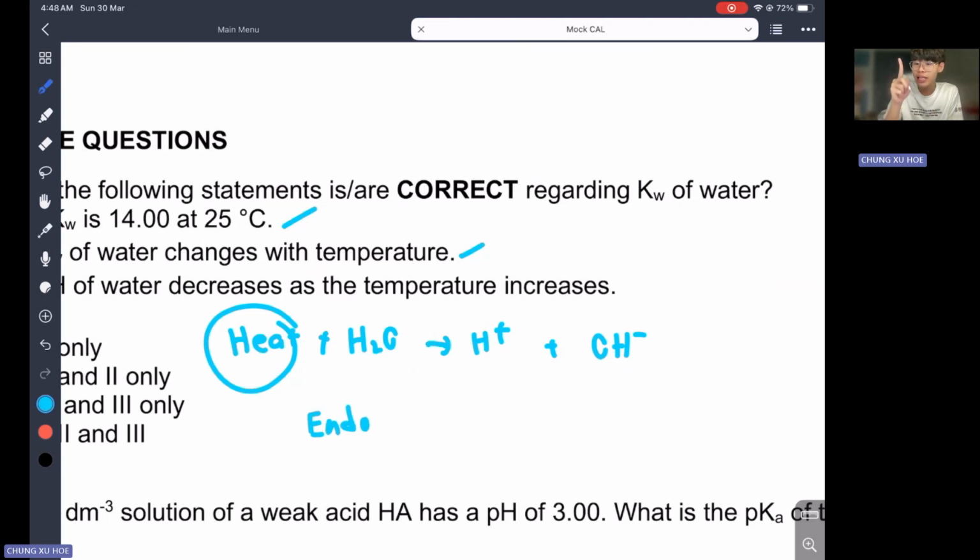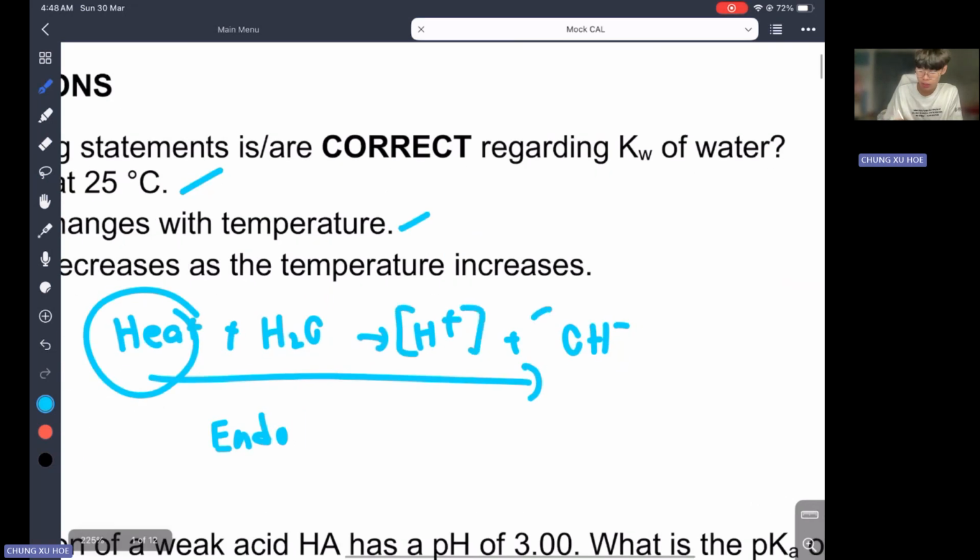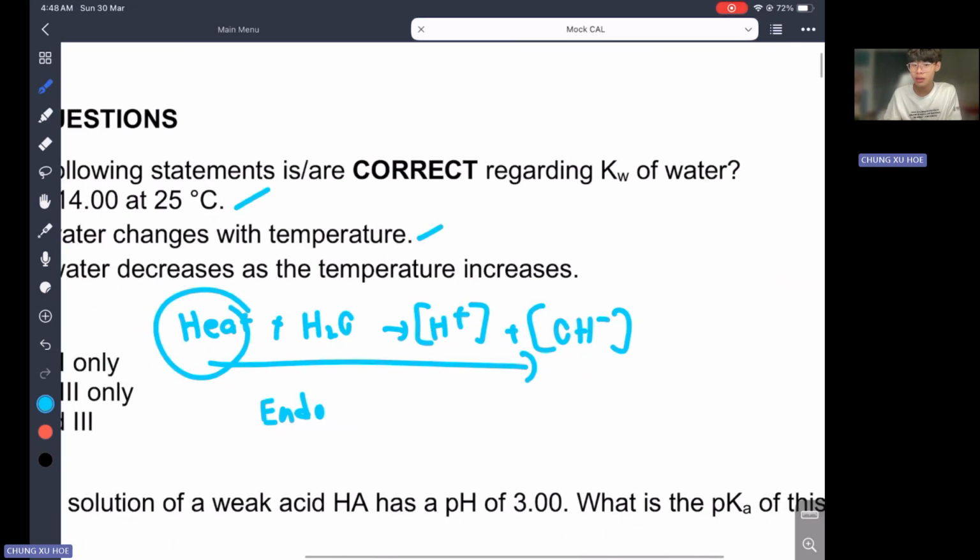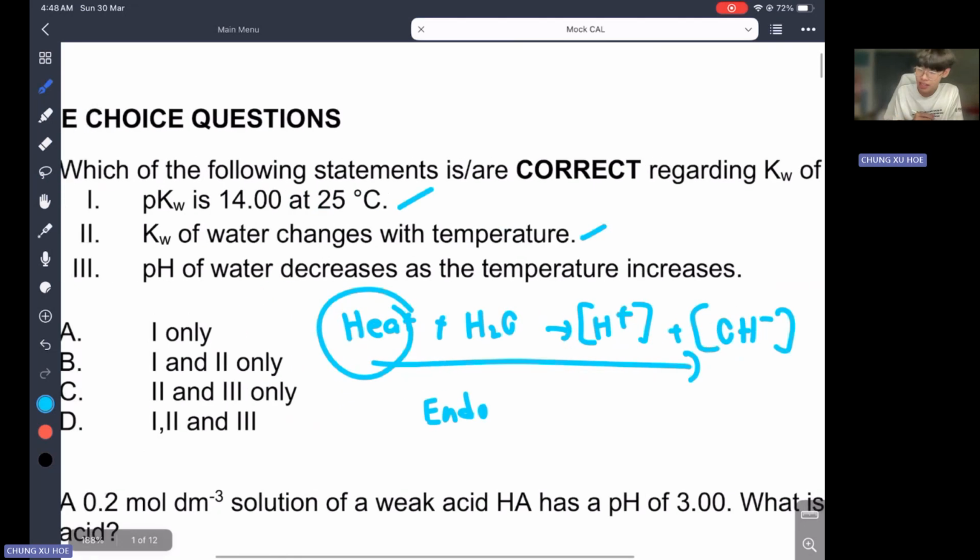So according to Le Chatelier's principle that you learn in equilibrium, does the equilibrium shift to the right or to the left? Shift to the right. So in this case, this is your H plus concentration, H plus ions. Does it change? Yes. My reactant here is my water.